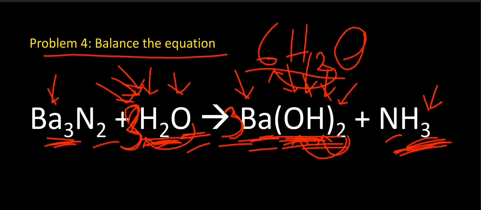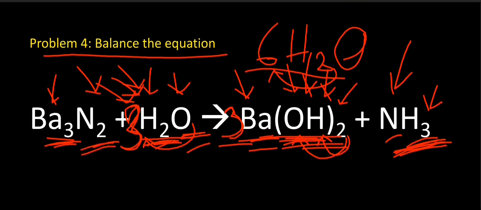So don't forget to sum all the atoms. But there is a problem. We cannot balance them yet. We have 12 hydrogen atoms on the reactant side and 9 hydrogen atoms on the product side. This cannot be balanced. So let's check the number of nitrogen atoms.